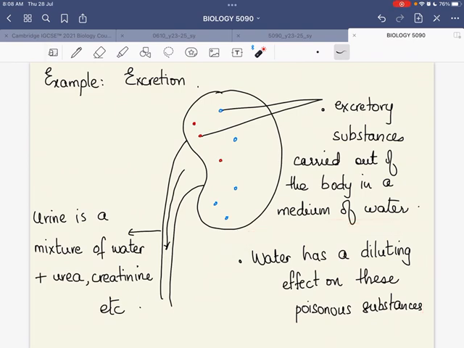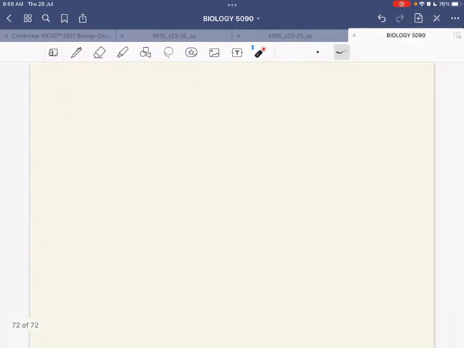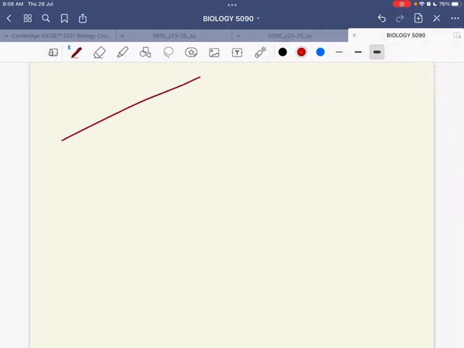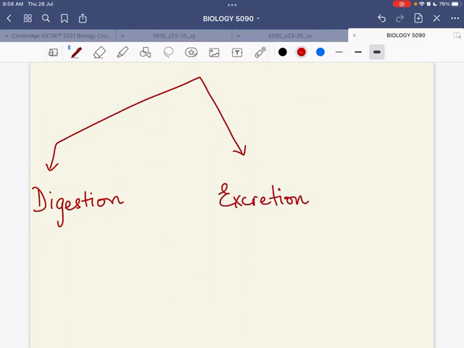So to sum up, we can say that today we did the role of water in living organisms under three headings basically, and those three headings are that water helps you in digestion of various substances, water helps in excretion of various substances, water helps in the transport of various substances in different parts of the body so that they can be absorbed by the living cells.